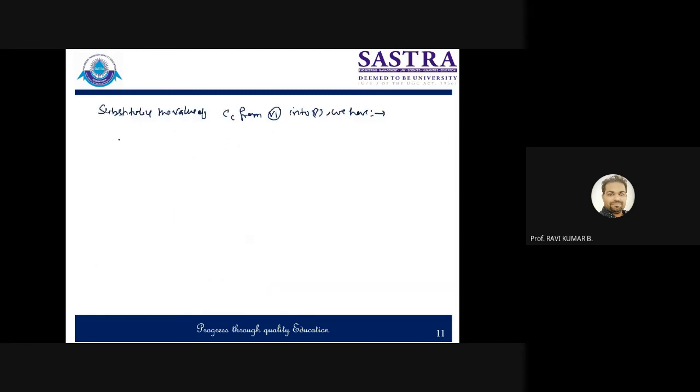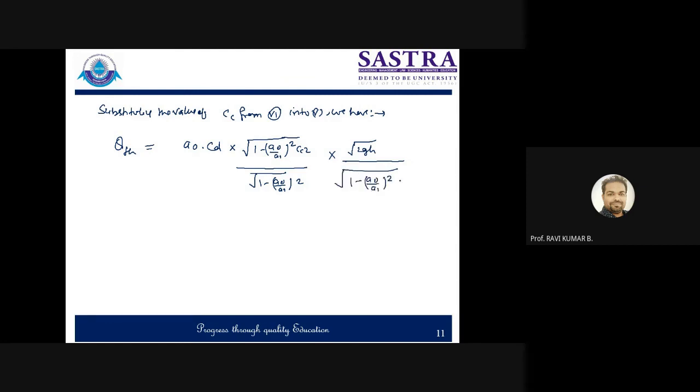So Q theoretical, if we write it in this case, will become A naught into Cd, directly I am putting the value, under root 1 minus A naught by A1 whole square Cc square, divided by under root 1 minus A naught by A1 whole square, into under root 2gH divided by 1 minus A naught by A1 whole square Cc square.